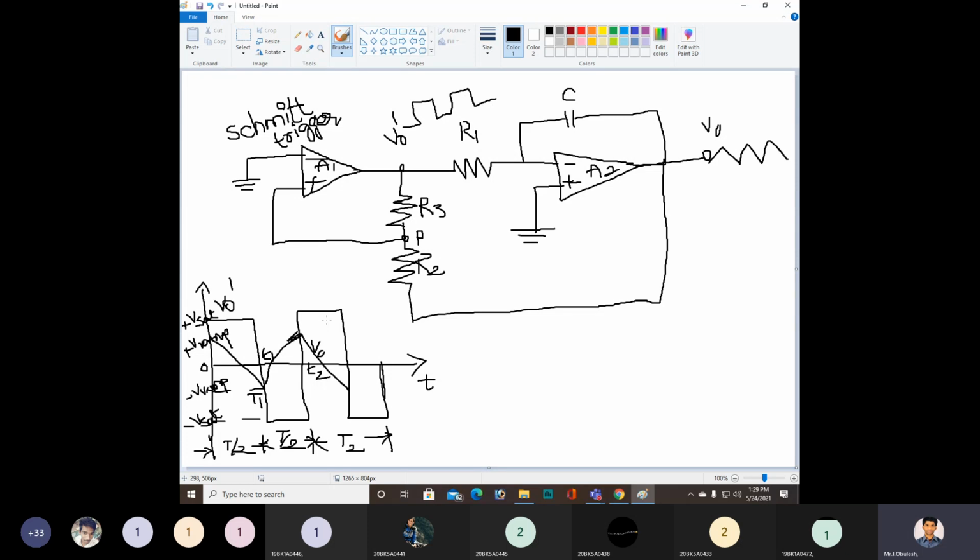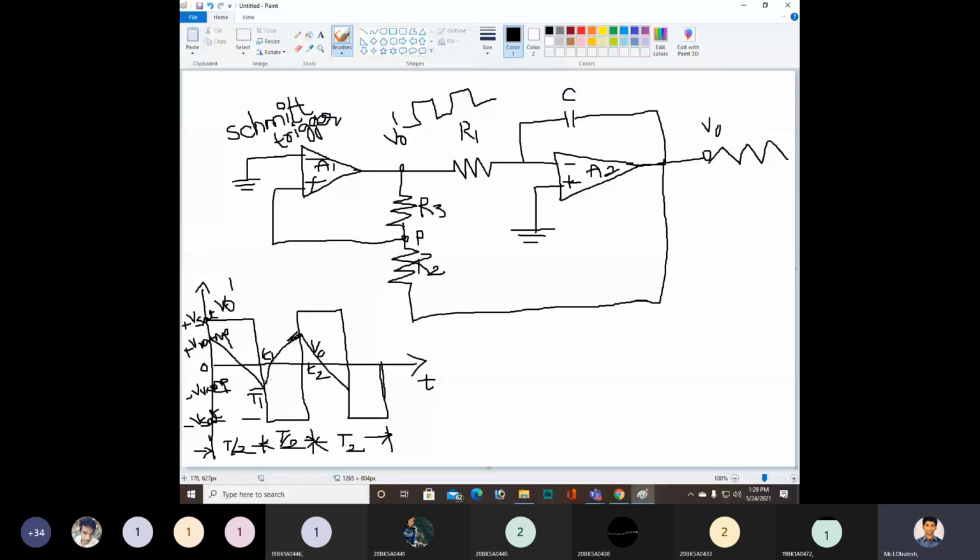Let us assume that during the time when the output of A1 is at negative V saturation, what will happen?